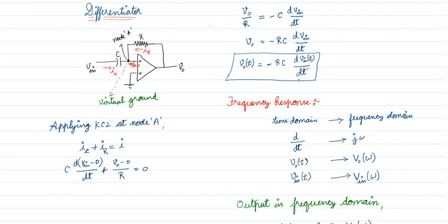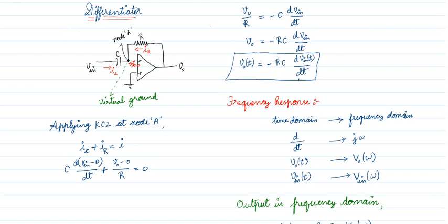At node A, the incoming currents are IC and IR, so IC plus IR is equal to the outgoing current I. Kirchhoff's current law states that the sum of incoming current is equal to the sum of outgoing current.